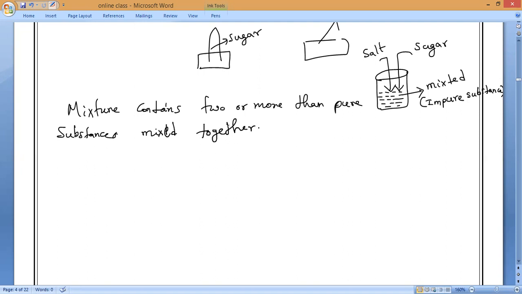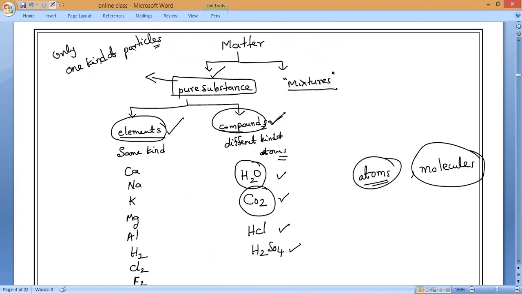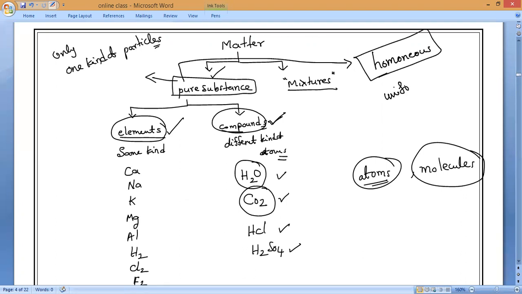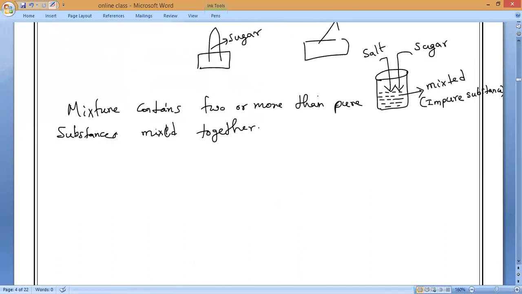Now you tell me, if we take this impure substance, as I taught you, pure substances are homogeneous or heterogeneous? Homogeneous or heterogeneous means particles are distributed equally or differently. Pure substances are what? Homogeneous, uniform, because there is uniform distribution of atoms. Now, if you take mixtures, these mixtures may be uniformly mixed or not uniformly mixed.